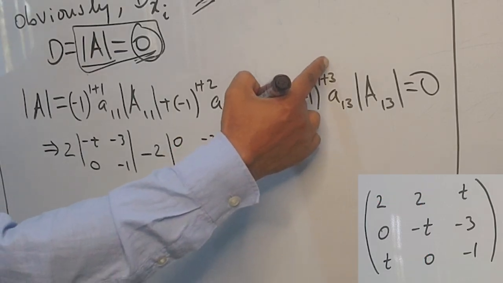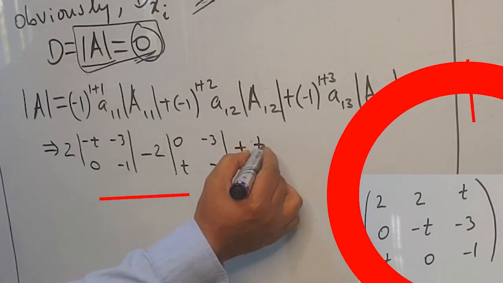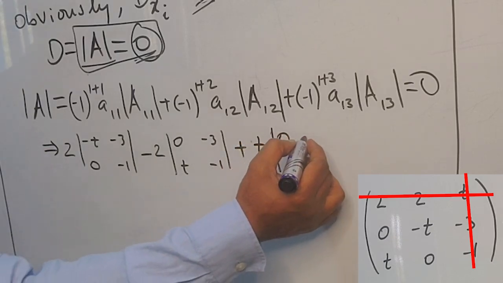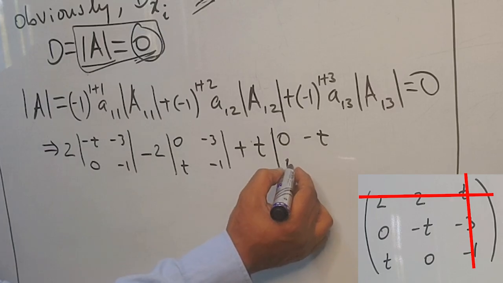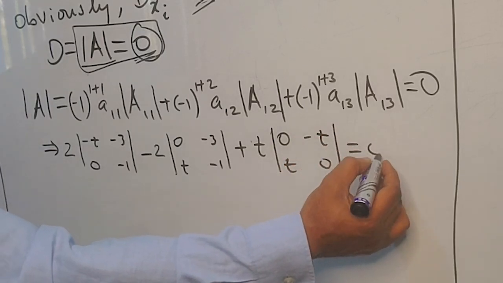Plus -1 to the power of 4, positive 1, A13, which is t, times the determinant after omitting first row and third column. What remains? 0, minus t, t, 0.